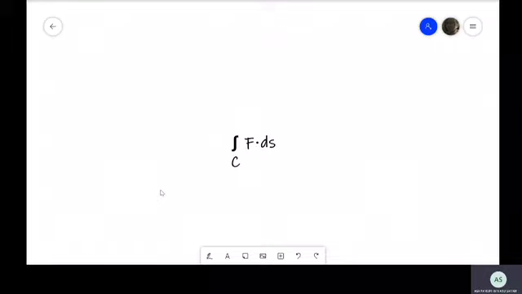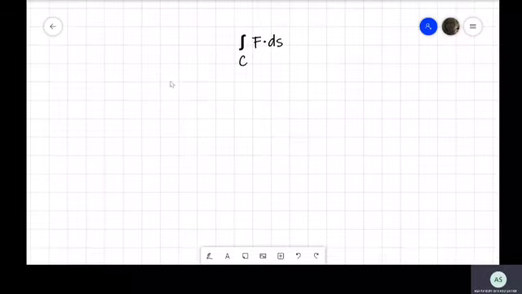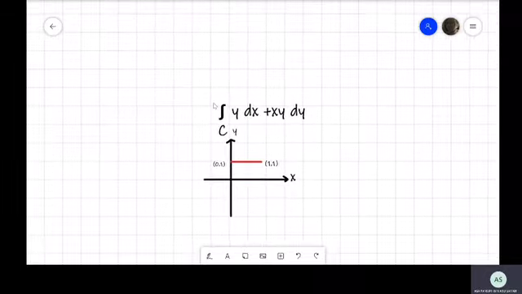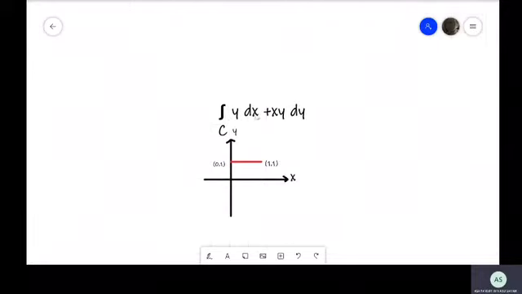So if you are asked to compute the integral of y dx plus xy dy, where C is the line from (0,1) to (1,1), can you use Green's theorem? No, because C is an open curve.